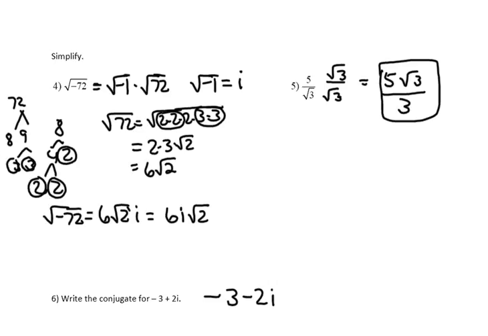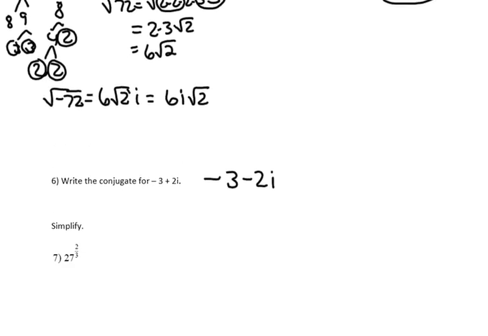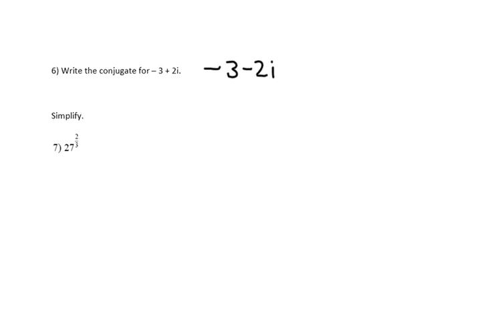Okay, the last thing I would like to do on this review is to simplify 27 taken to the 2/3 power. Now, I will show 2 different ways to do this. Option 1. I can rewrite 27 as an exponent. Well, 27 as an exponent is 3 cubed. 3 times 3 is 9, and 9 times 3 is 27.